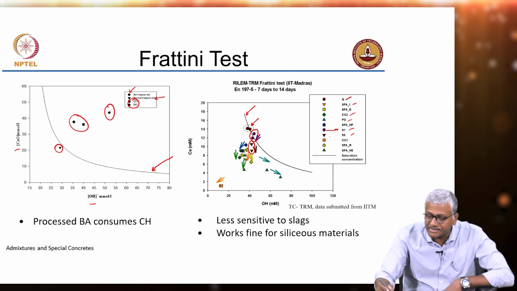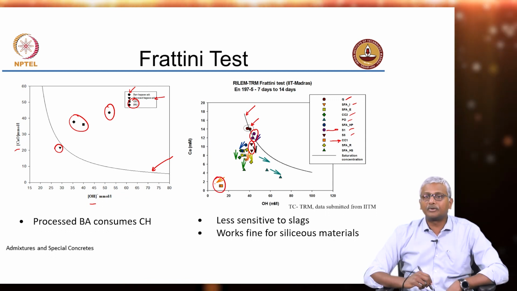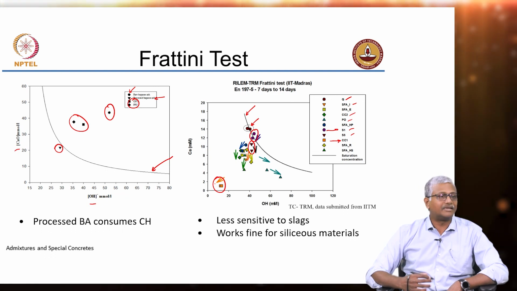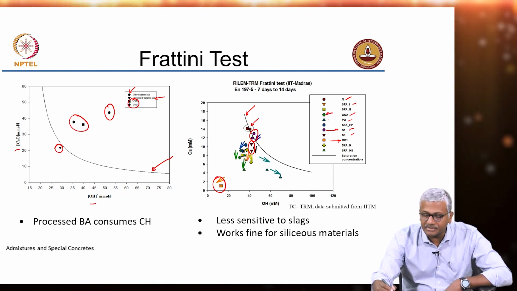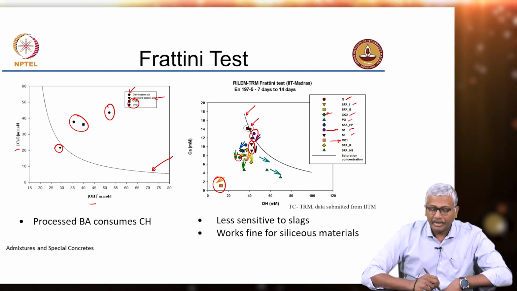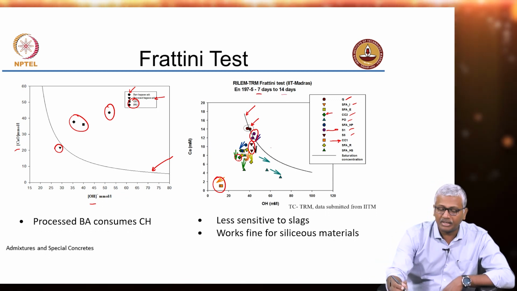Now, if you look at calcined clay, you can see that you are almost at the bottom of this scale. That indicates that the reactivity is extremely high. There is one more type of calcined clay, CC2, okay, which is here, and the arrows basically indicate the change from 7 days to 14 days.